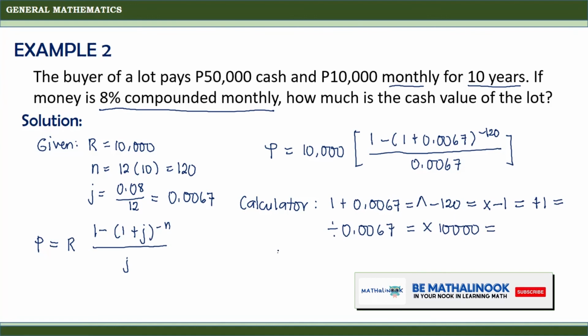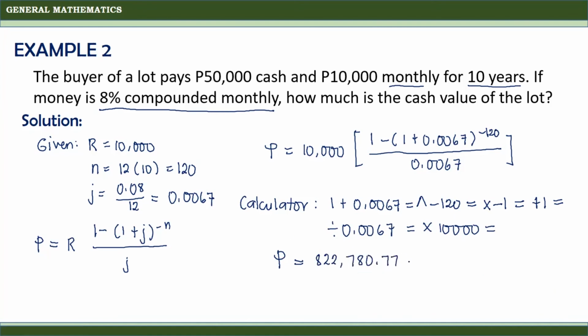Finally, the calculator will show us the value 822,780.77.